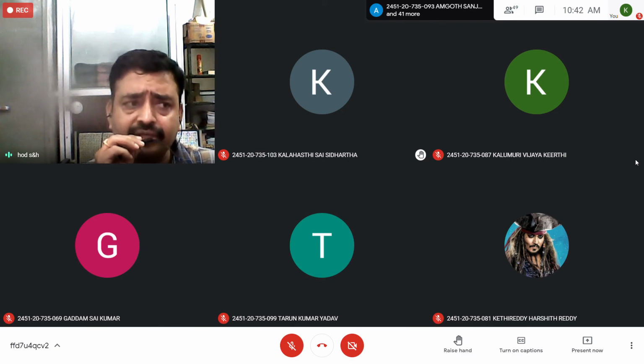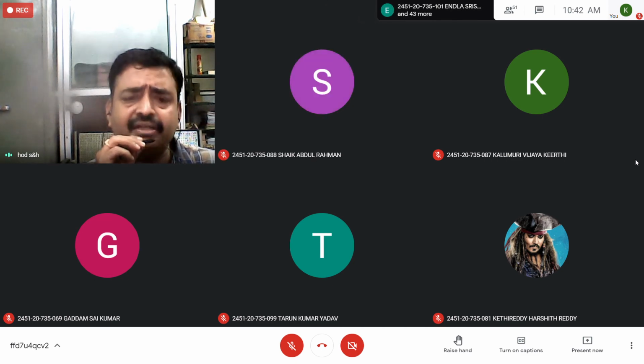Which is the shortest distance? You want to move a particle from point A to point B. Which is the shortest distance? The straight path. You can draw an infinite number of curves from A to B, but what is the minimum path? It is the straight line.